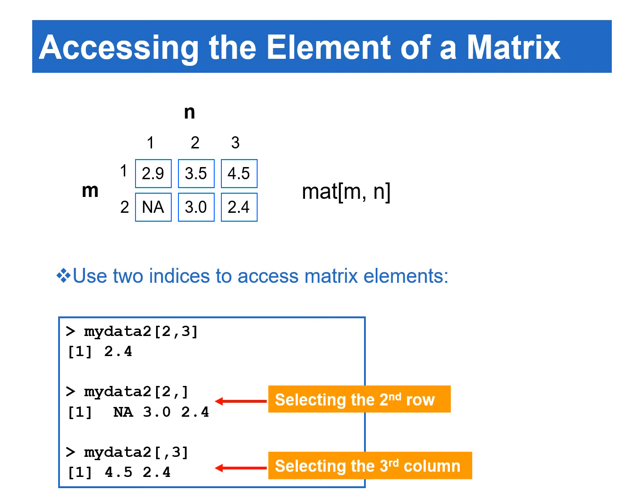The first index refers to the row position, the second index refers to the column position. The first example accesses the element in the second row and the third column, which is 2.4. If we leave one index position empty, that means all the elements will be included. The second example accesses the entire second row, since the position for the column index is left empty. Similarly, the last example accesses the third column.